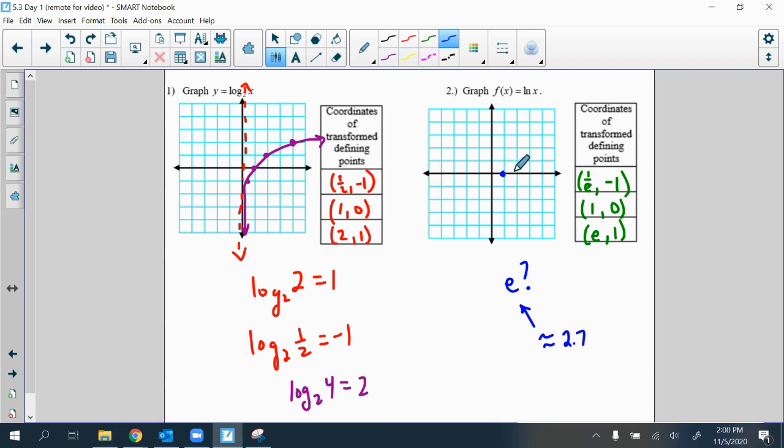So 1, 0, and e, 1 is about 2.7, 1. And then 1/e, -1, since e is around 3, would be about 1/3, -1. So I can approach the graph somewhat like that. And then I can graph my asymptote just to make sure everybody that's grading it would know that it never hits the y-axis.